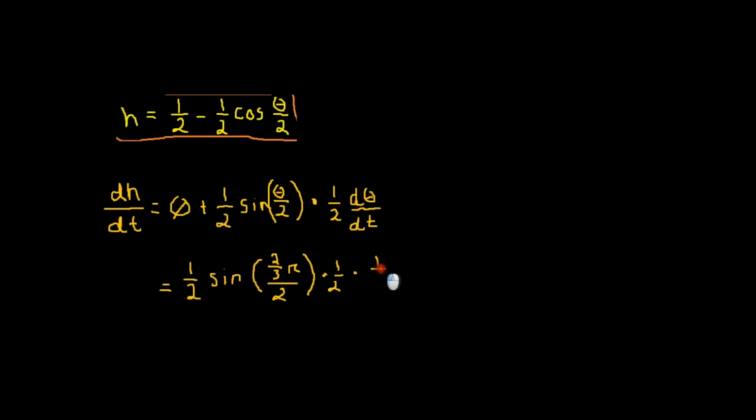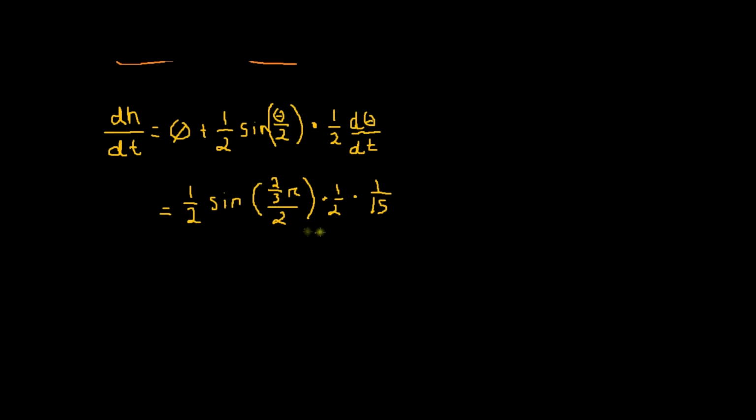And 2/3 pi divided by 2 becomes pi over 3, or 1/3 pi. So sine of pi over 3 is square root of 3 over 2.